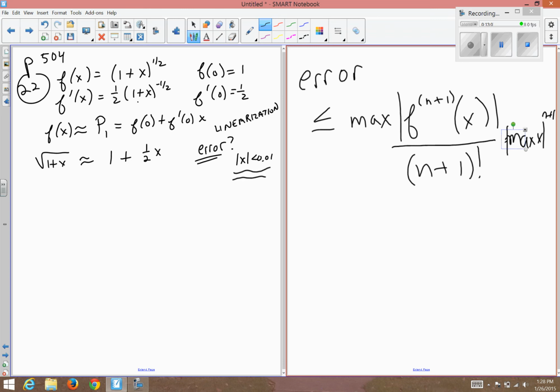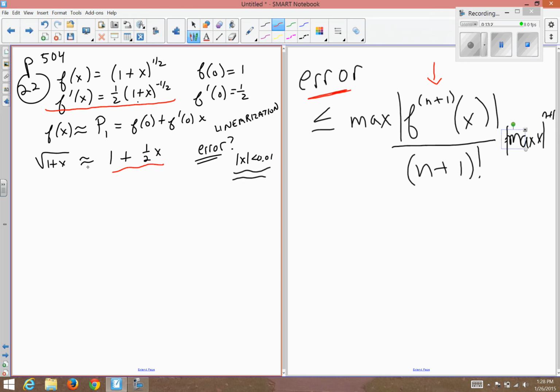What it means is, if we found a polynomial by going up to the first derivative, to find the error, this means go to the next derivative. In this case, the second derivative. Whatever derivative we went to get this polynomial, in this case, the first derivative.